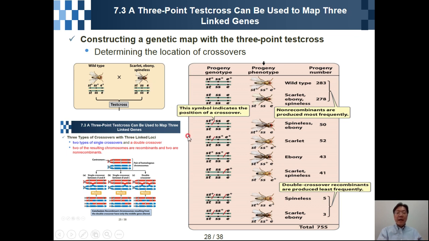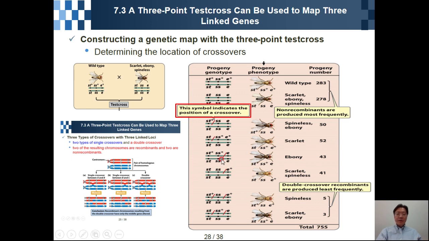So next we have to find the position of crossover. For example, if the single crossover happens here, they will have this kind of gamete. Or when the single crossover happens between here, the gamete will be like this.